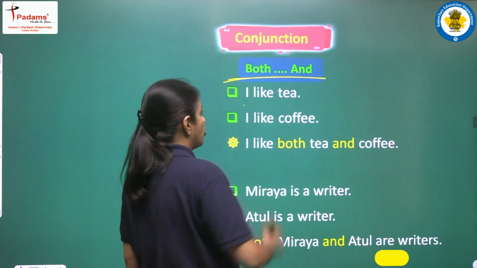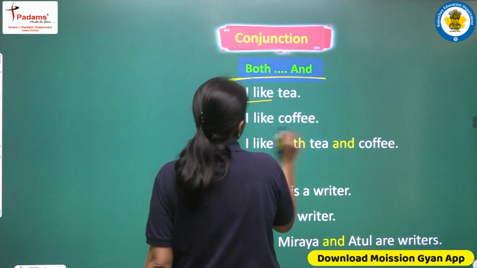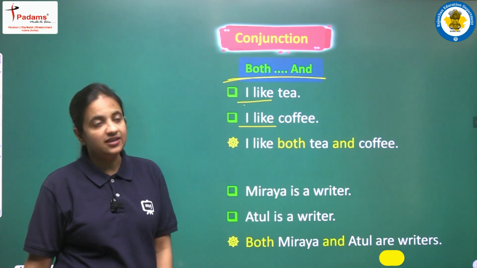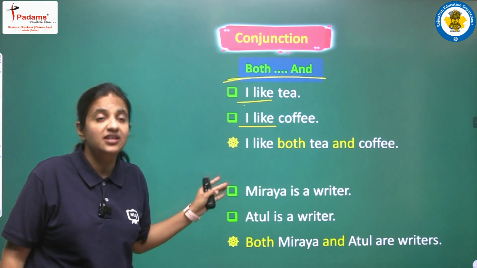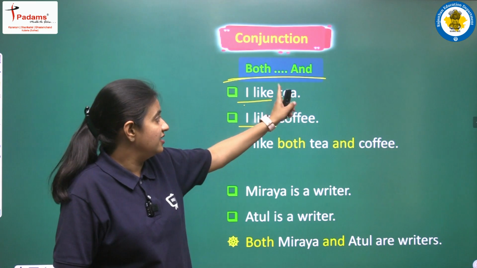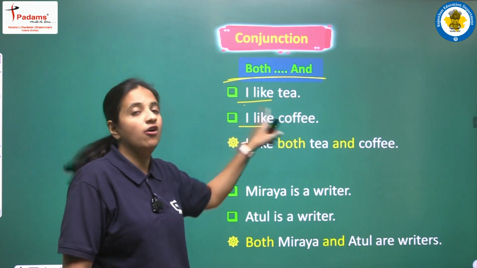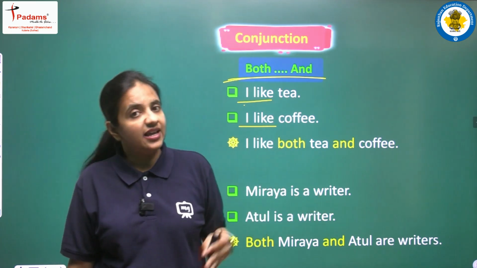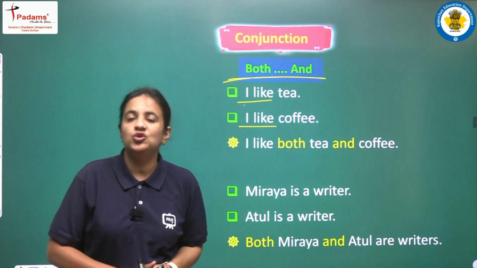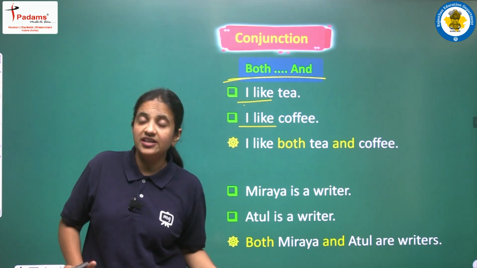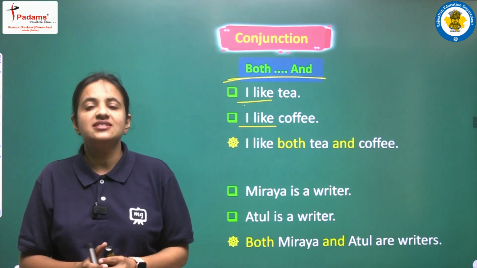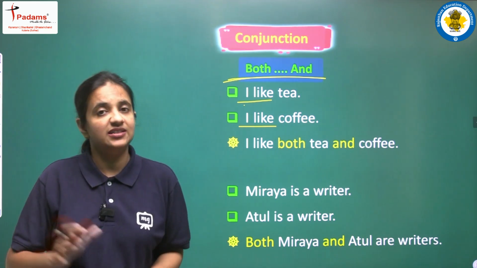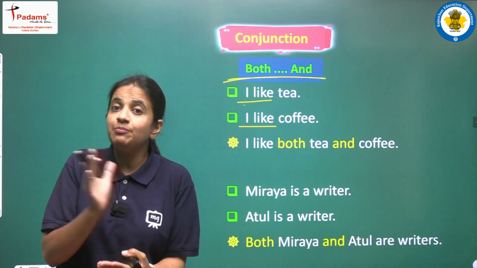So let's see what is the same and what is different here. In both sentences we can see that I like is absolutely similar, but the object, tea in the first sentence and coffee in the second sentence, is different. So here we have to do the same thing. The common thing we write only one time, and the different parts of the sentence are connected using the conjunction, right? This is the basic rule.